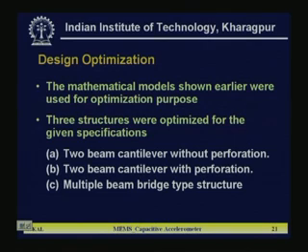Okay. Multiple beam bridge type structure is again complicated. So, if I get almost similar kind of performance with the 2 beam structure with certain modification, we always opt for that simplified 2 beam structure whose performance may be very close to the multiple bridge type structure.